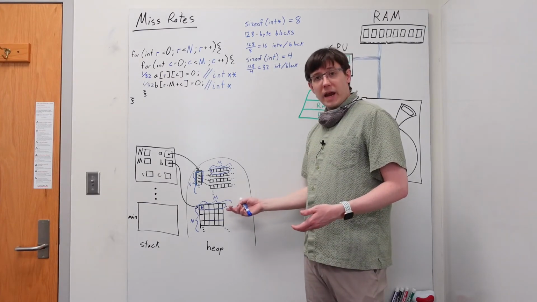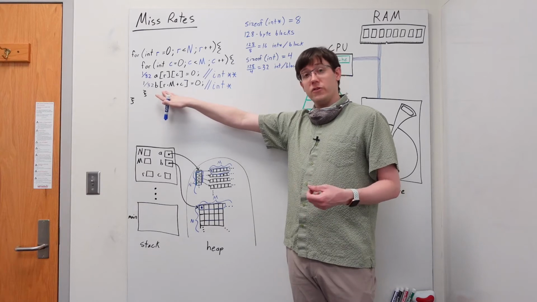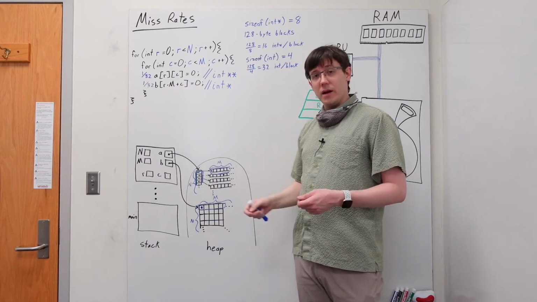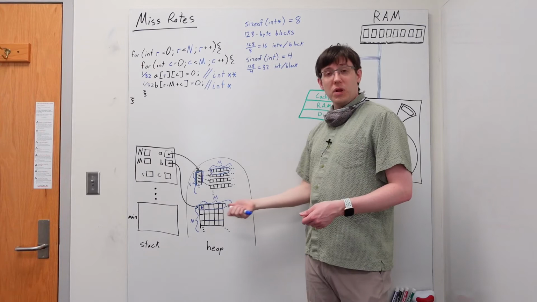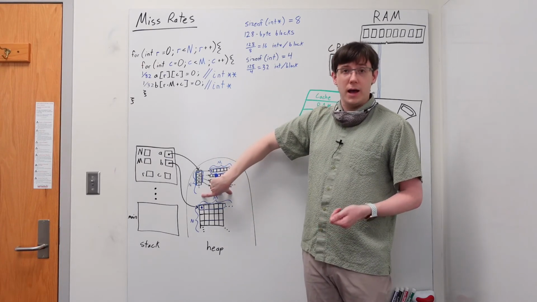For the B array, we might or might not have a miss on the very first iteration. That will depend on how the block size and the width of our array align.